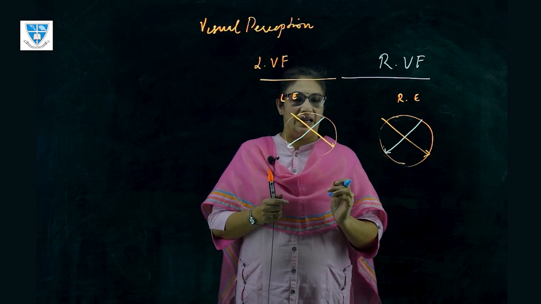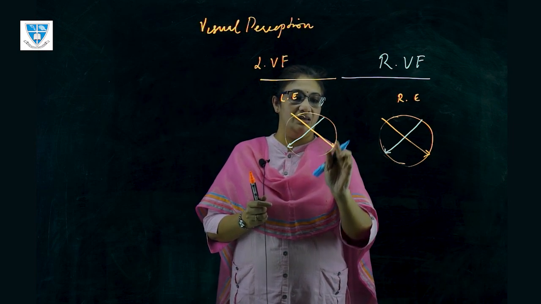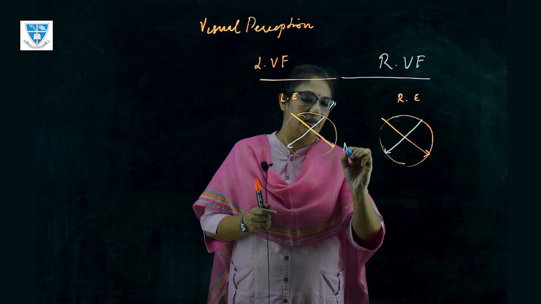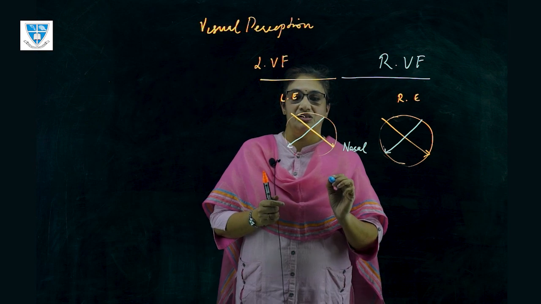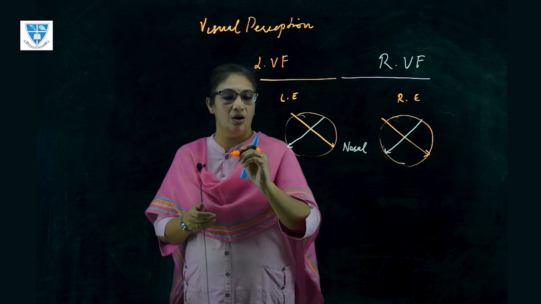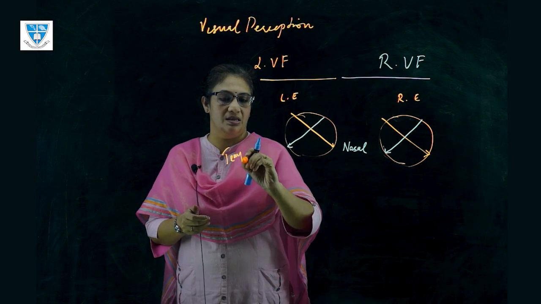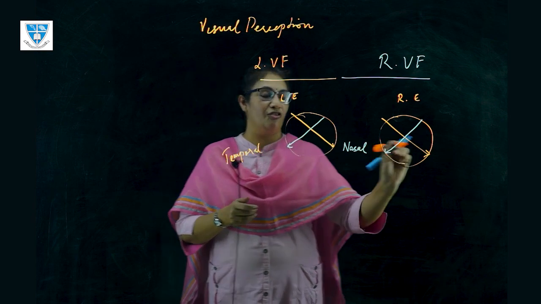When you take the midline, whatever is close to the midline is labeled as the nasal image, and whatever you see outside is the temporal image of both the eyes.